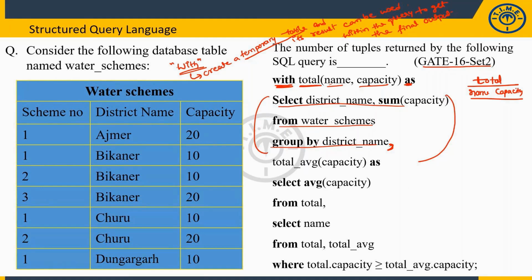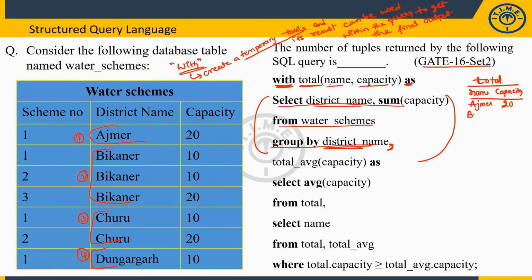Now, first evaluate this query. This is a group by query, na? Group by district name. So, Ajmer in one group, Bikaner in one group, Churu in one group, Dungargar one group. Means how many groups? 1, 2, 3, and 4 groups. After grouping, find district name and sum of capacity. First group district name is Ajmer, capacity is 20.